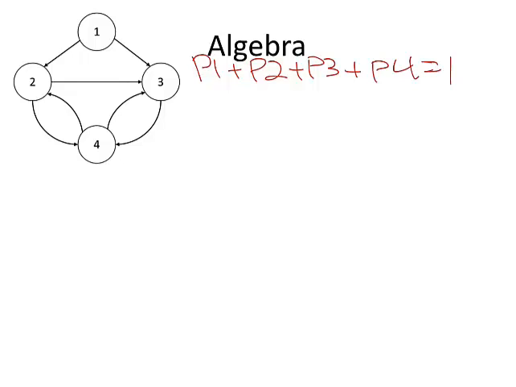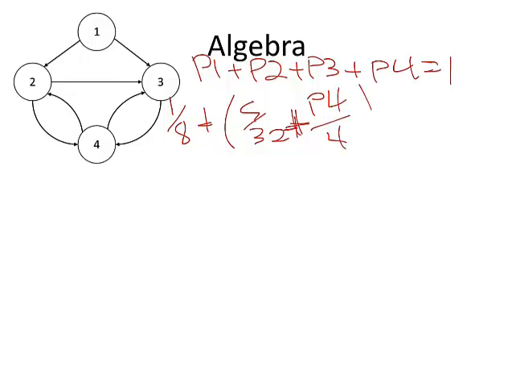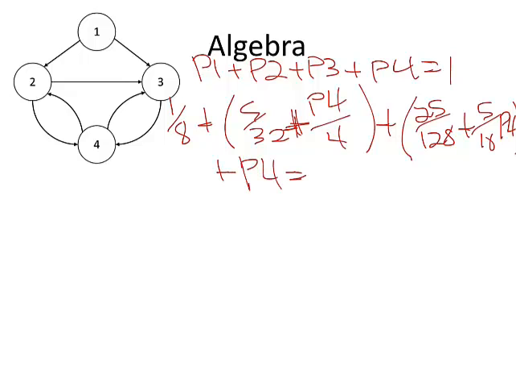So we have 1/8 for P1 plus 5/32 plus P4 over 4, which is the equation for P2, plus now the equation for P3, which is 25 over 128 plus 5/16 P4, plus P4 has to be equal to 1.